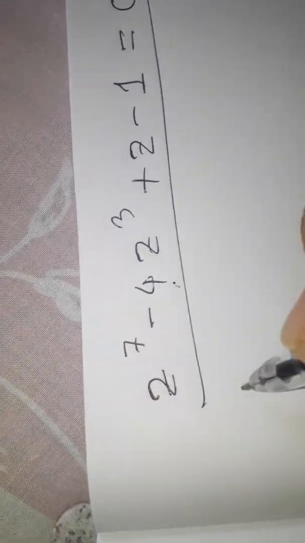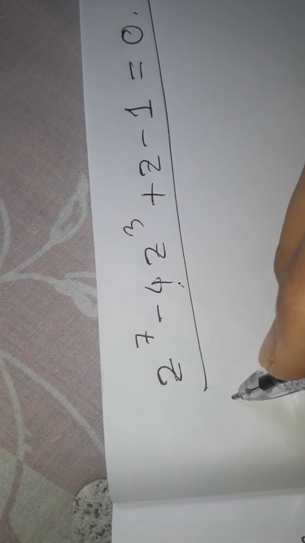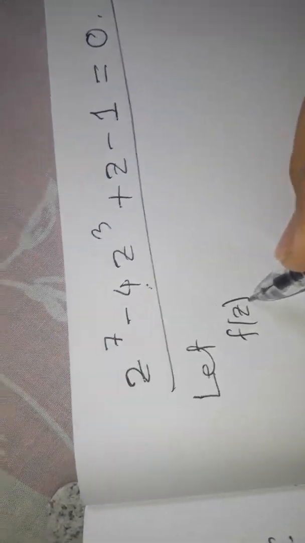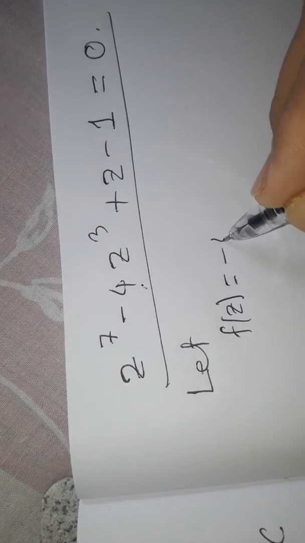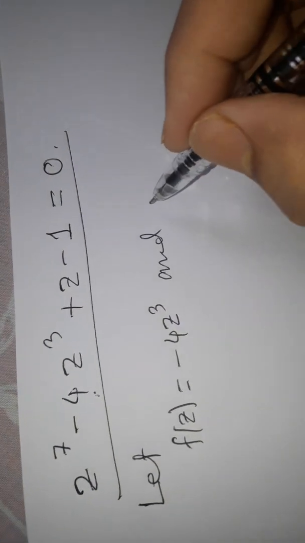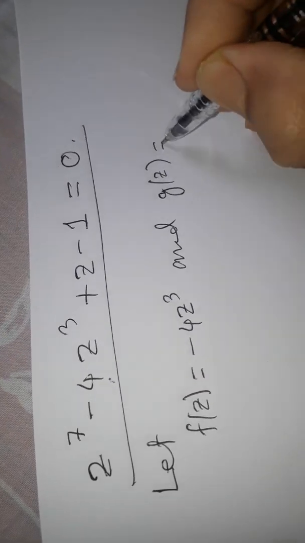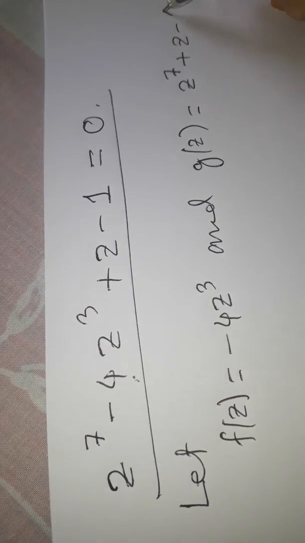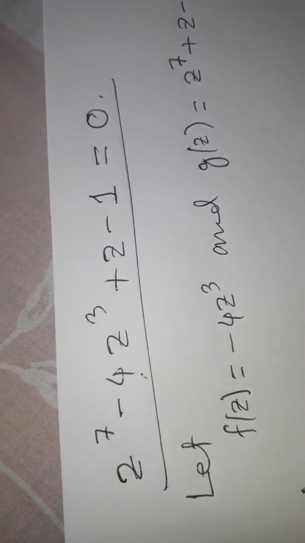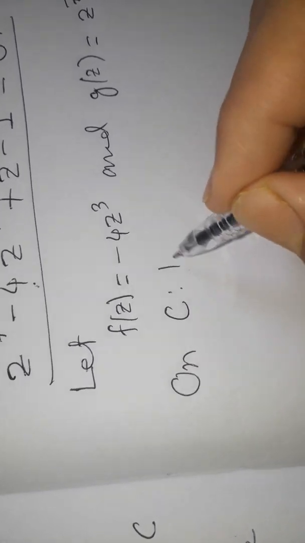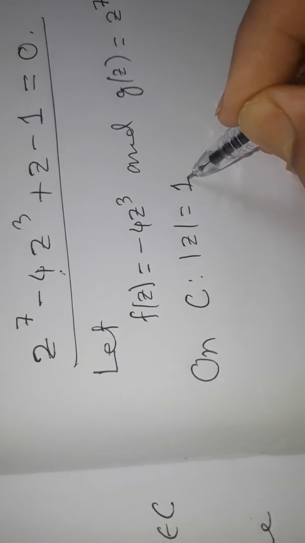So therefore, let us take f(z) equal to minus 4z cube and g(z) equal to the other parts, that is, z to the power 7 plus z minus 1. Now on C, which is modulus of z equal to 1.